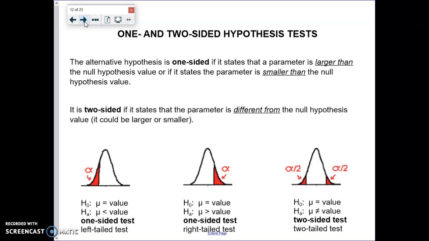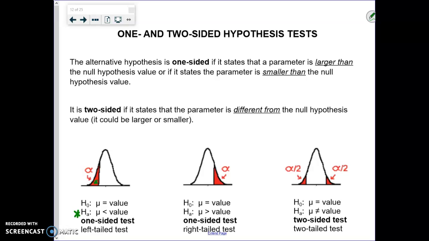Okay. Now, this could be a little bit difficult to understand, but it's based on your alternative hypothesis and alpha. If your alternative hypothesis is saying that the mean is less than some selected value, then we put that alpha on the left. We also call that a rejection region, this red right here.